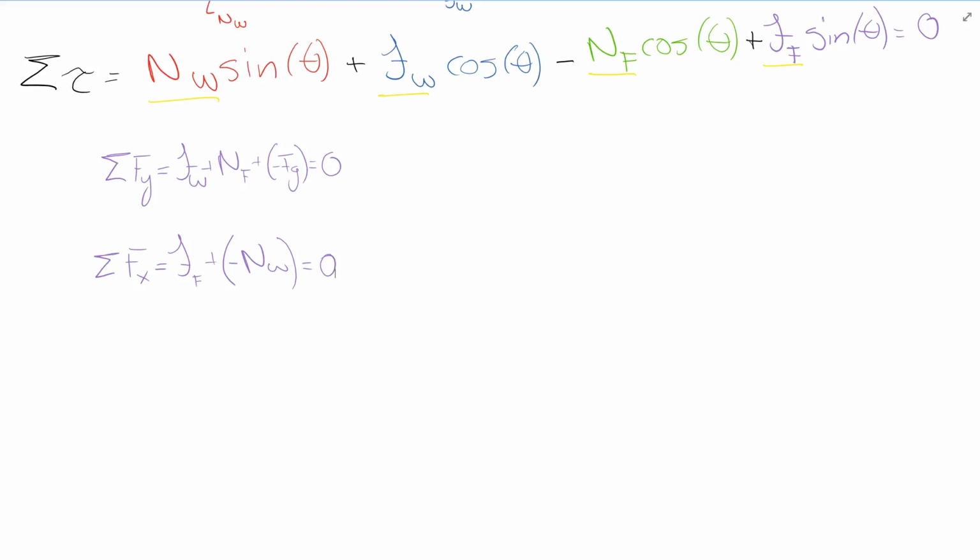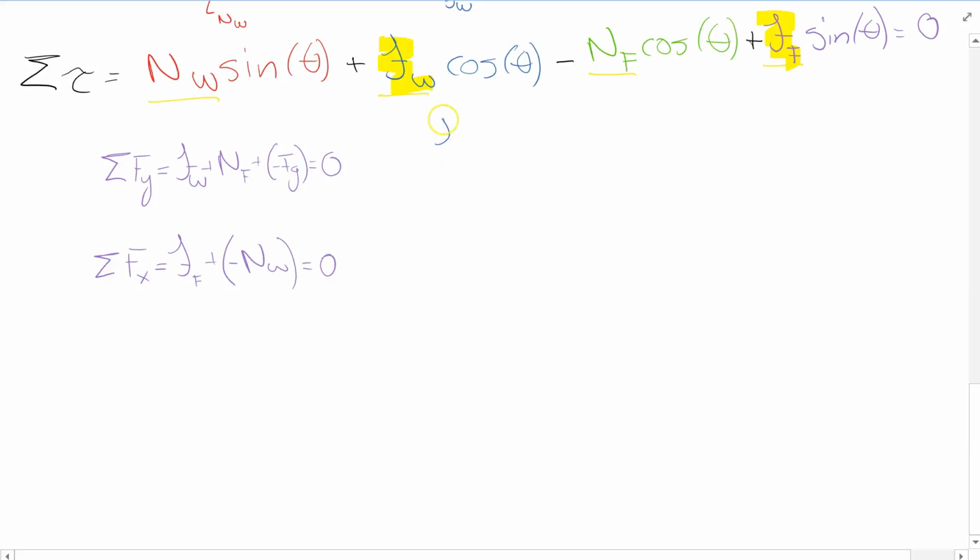If you're thinking the maximum static friction, then yes, you are correct. These friction forces are happening at the maximum static friction. What that means is that they have to follow the equation for the maximum static friction.